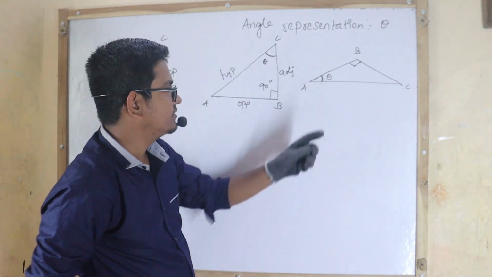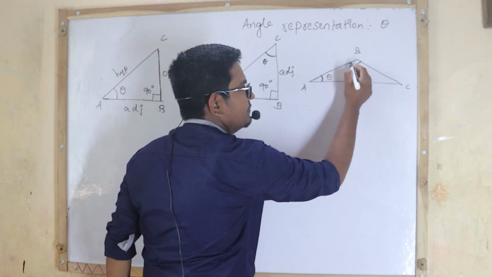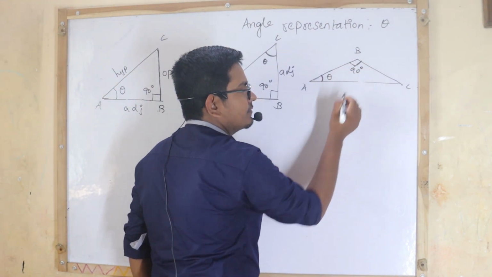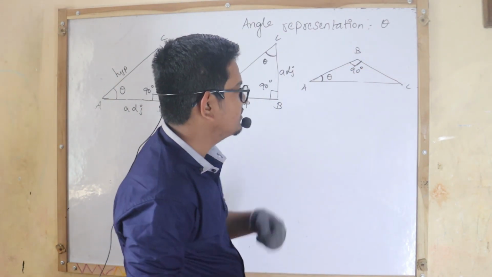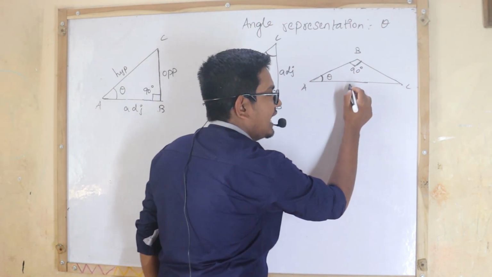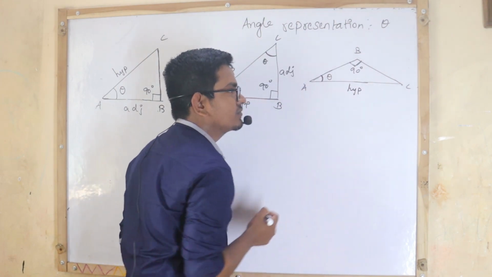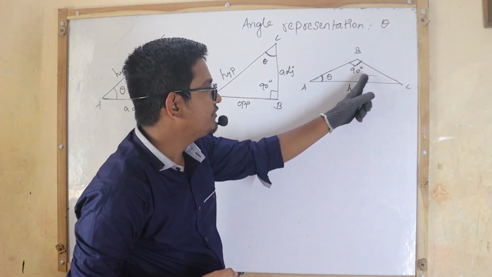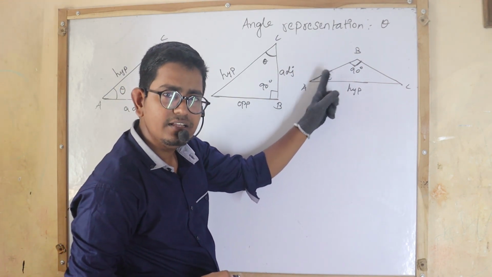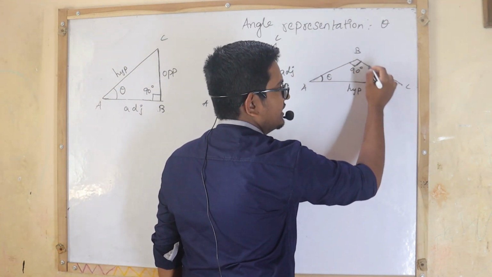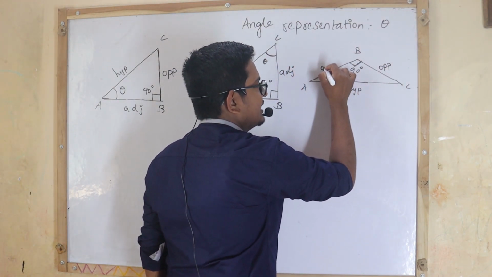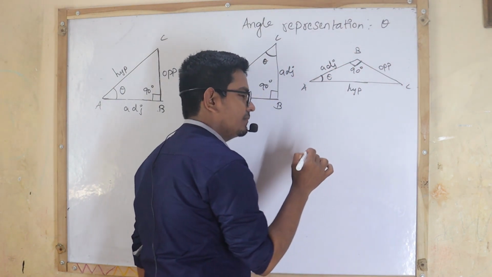Which side? As you can see here, as it is making an angle 90 degree, the line which is facing the angle 90 degree will be known as the hypotenuse side. The side which is facing the theta, you can see this side is facing this angle theta. Therefore this side will be known as the opposite side, and the last side will be known as the adjacent side.